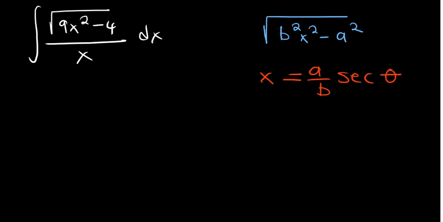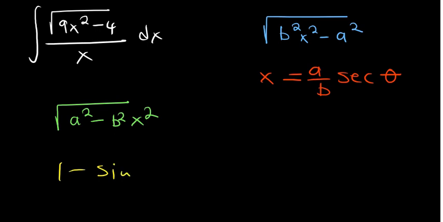Very important. Okay, I can also mention beforehand, if we have a different one, a square root of, let's say, something in the form of a squared minus b squared x squared. Now you know that in the case where x squared is representing the trigonometric function, the one that can represent this in a better form is 1 minus sine squared of theta.